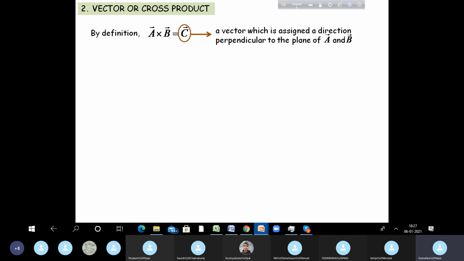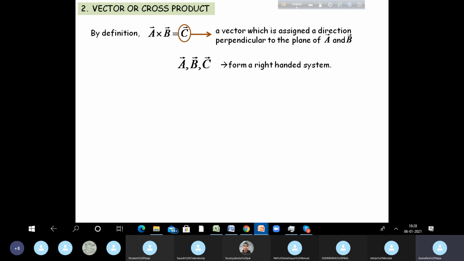The moment you have two vectors, you can pass only one plane through them. And when you are defining the cross product, the resultant vector of crossing two vectors is a vector that is perpendicular to both A and B. Therefore, it is perpendicular to the plane containing A and B. That is how we define the orientation of the vector that we get by the cross product of two vectors.